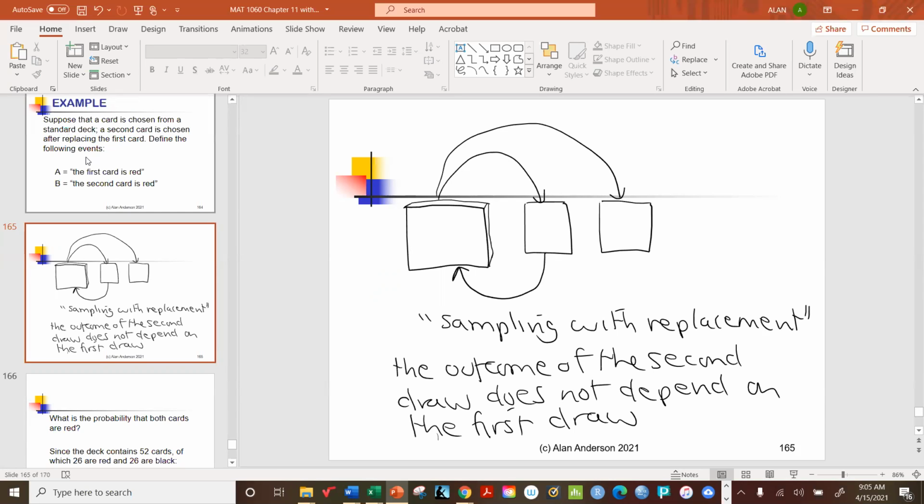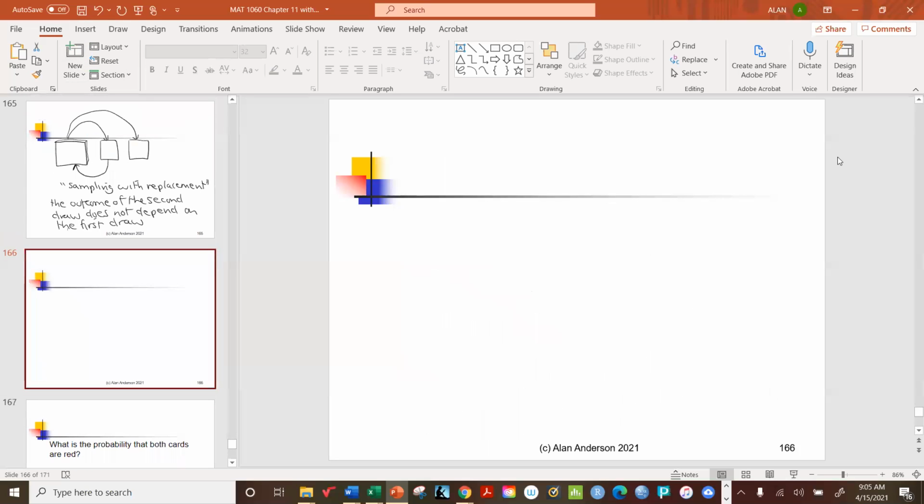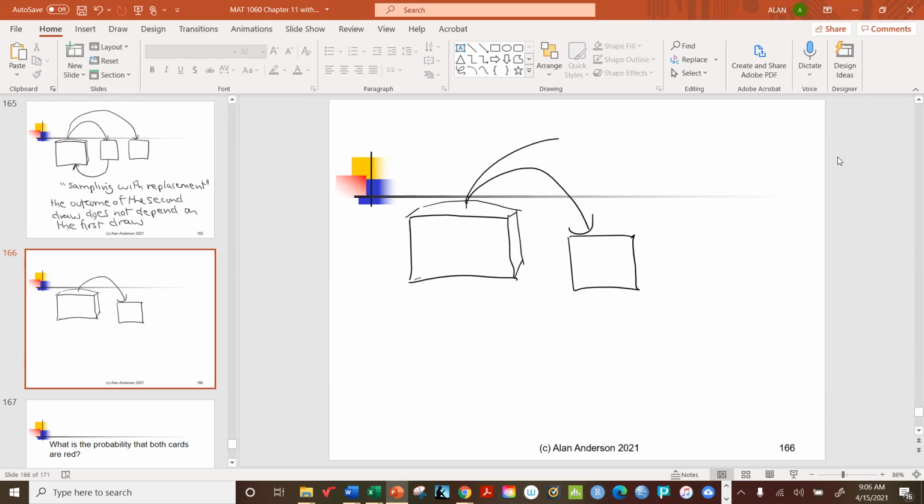Now, I want to show you a different scenario that could potentially happen as well. What if we did this instead? Here's our deck. We pick a card, and then we pick a second card. We did not put the first one back.